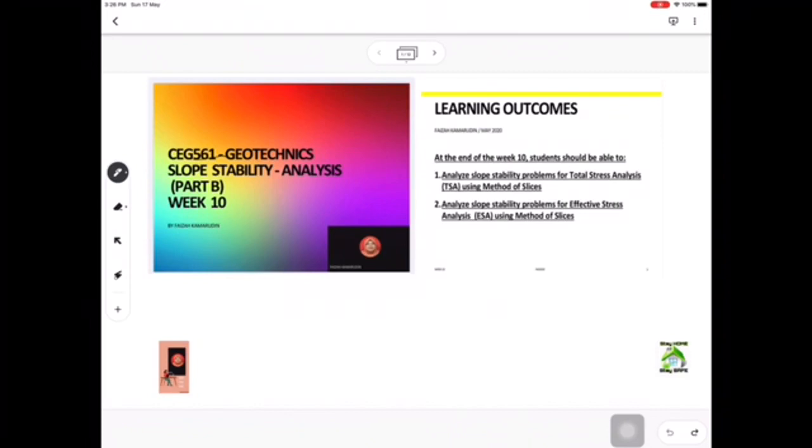Today I'm going to explain slope stability analysis part B. We're already in week 10, and here are the learning outcomes.